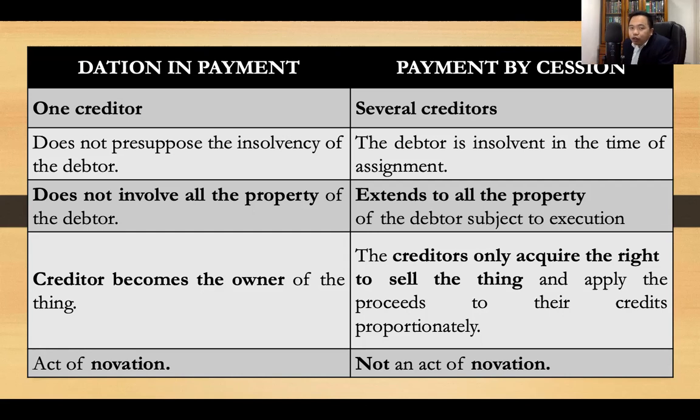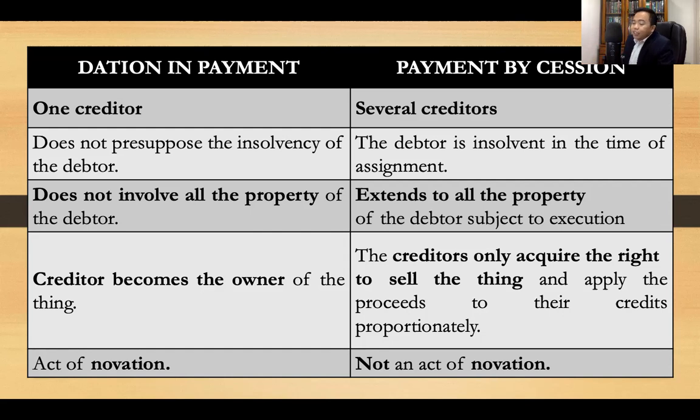It will not involve all the properties of the debtor. On the other hand, in payment by cession, since the debtor is insolvent at the time of the assignment, it will extend to all the properties of the debtor subject to execution. Okay, take note of that.